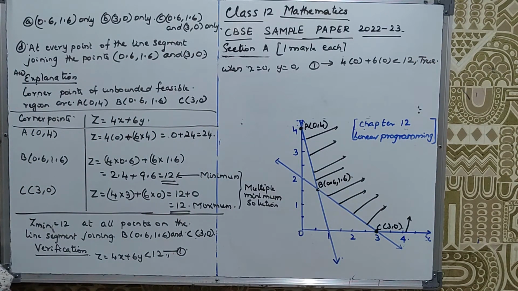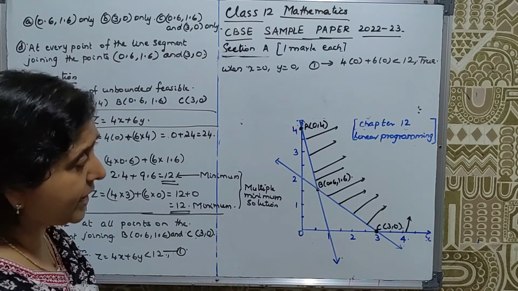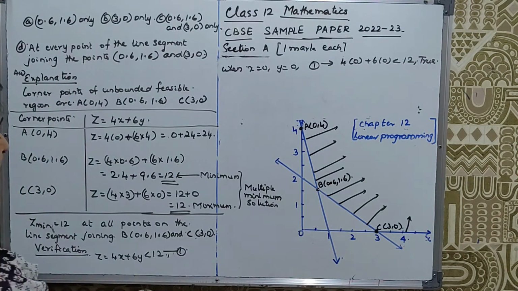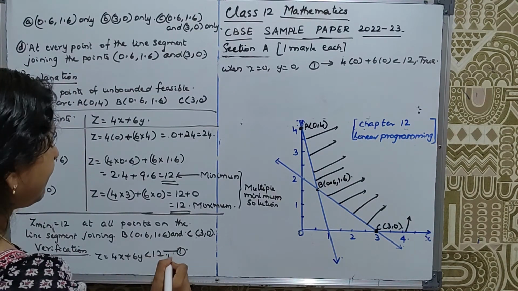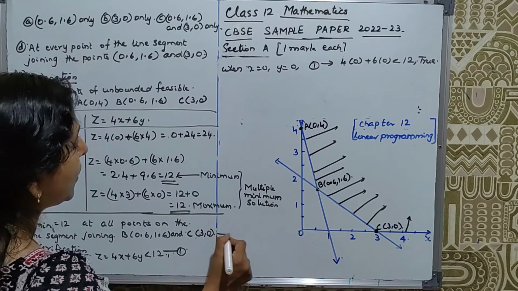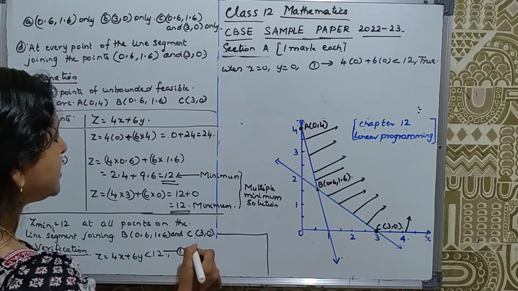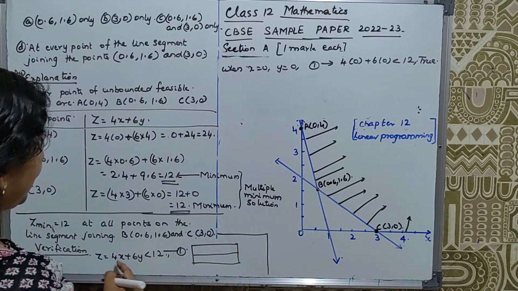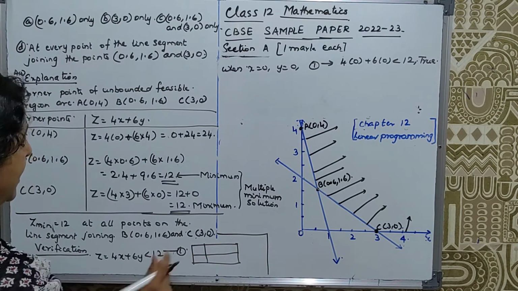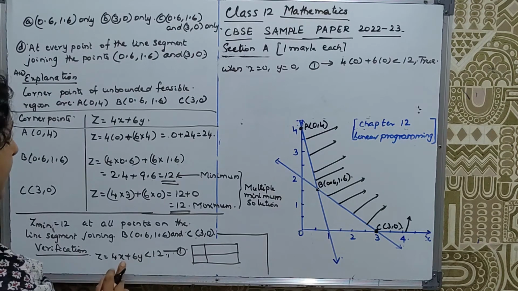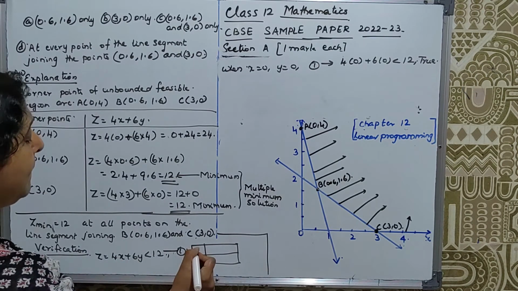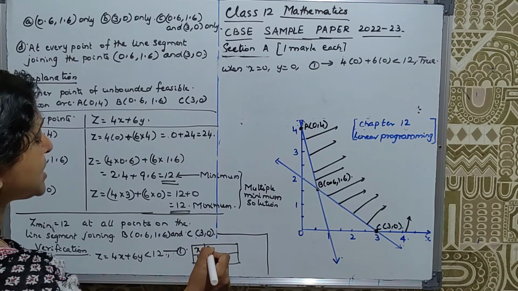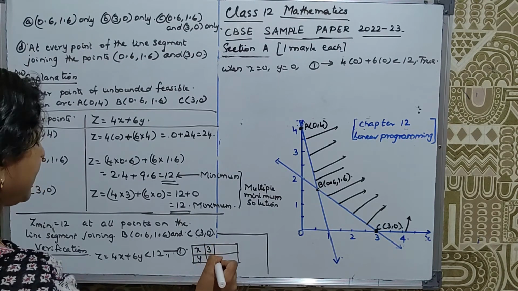If it is true, we draw an open half plane. So I'll write its coordinates also. You can divide throughout by 12 to get the coordinates. If I divide throughout by 12, 4 by 12 gives x by 3, so the x value will be 3.